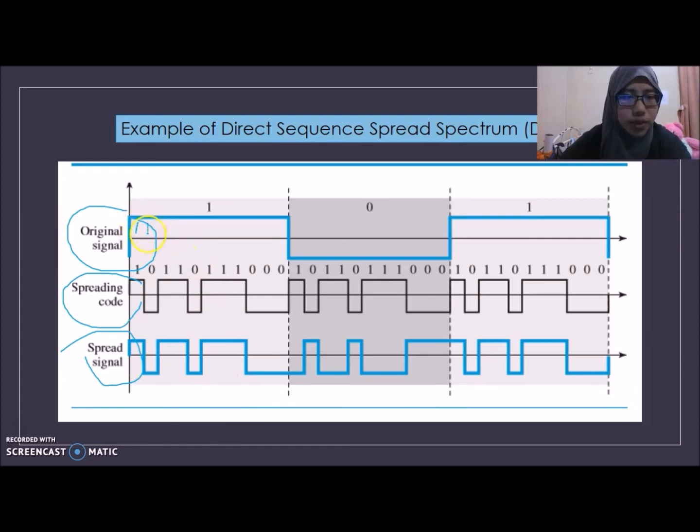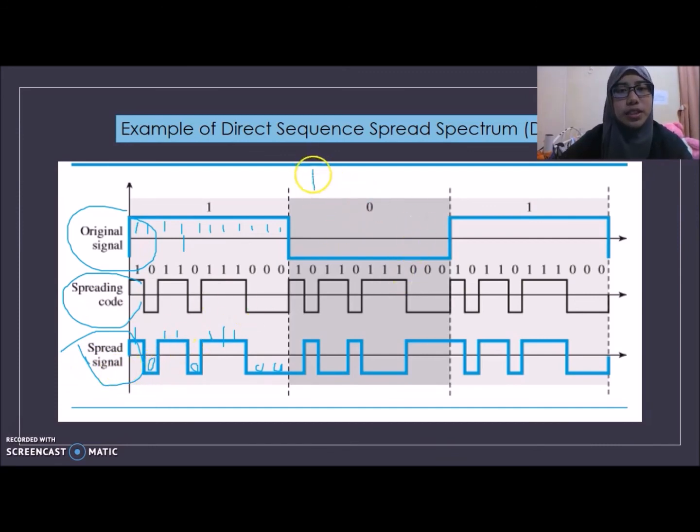This is considered as 1: 1 times 1 becomes 1. 1 times 0 becomes 0. 1 times 1 becomes 1. So it means multiplying the original signal with the spreading code to get the spread signal.